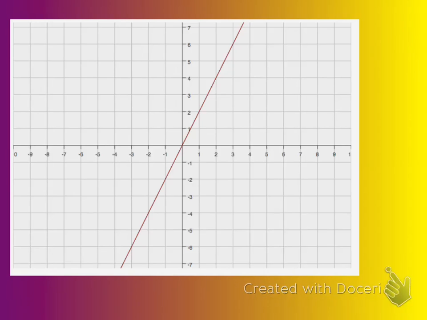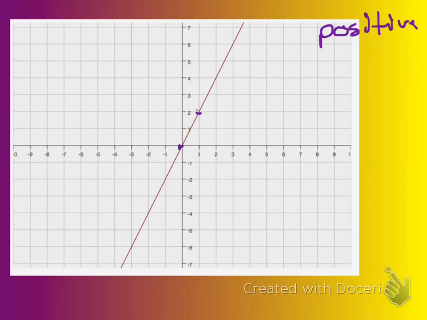Alright, now we're going to get into some examples where I'm going to actually have to find a number for the slope. The first thing that I like to do is look at a line and say whether it's positive or negative to make sure that I get my answer in the right form. So this line is moving up to the right, so I know my answer needs to be positive. Now I can choose any 2 points on this line where it crosses through the corner of a box very nicely. If I start here at the origin, (0, 0) is a good spot, and then I can also go to (1, 2).